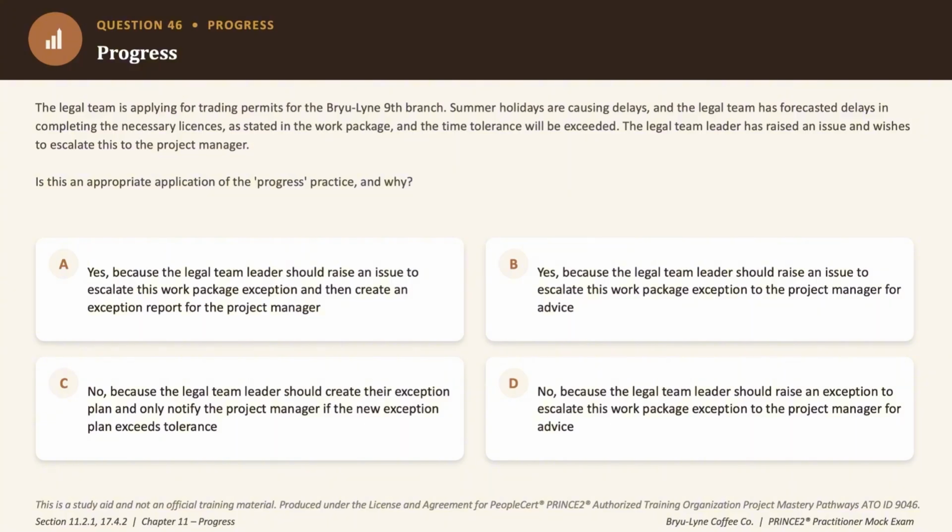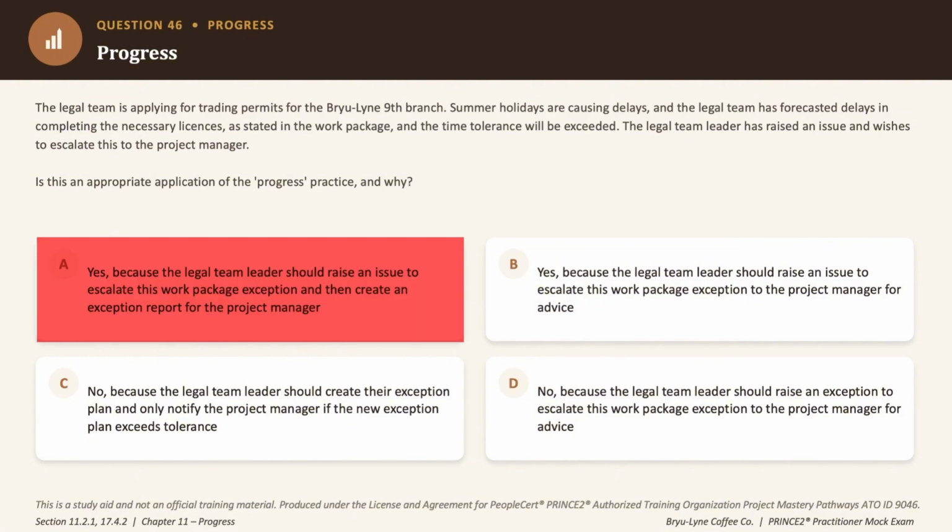Option A says yes, but if you look at it very closely, it adds that the team leader should also create the exception report themselves. Okay. Now that's a red herring because that is not the role of a team leader. Exception reports come from the project manager and not from the team leader. So an incorrect answer choice.